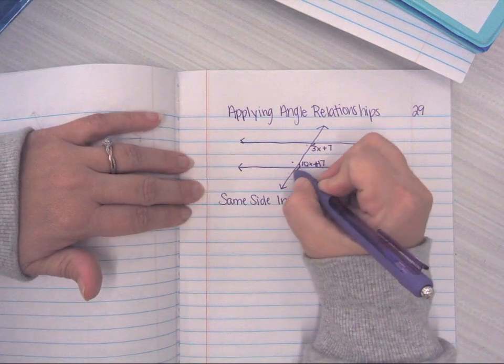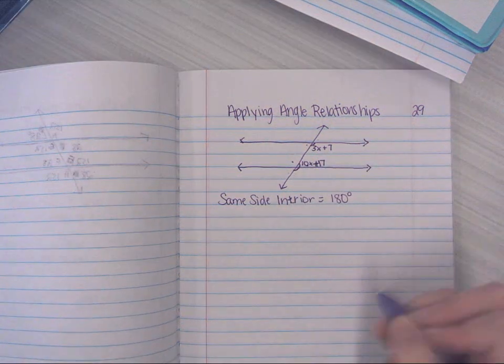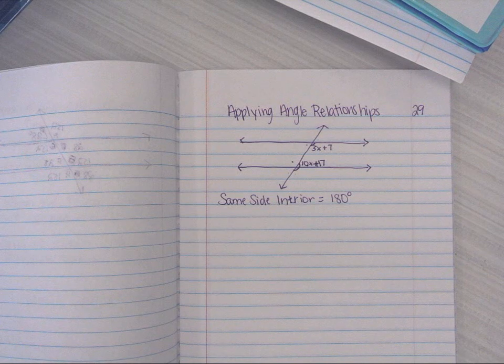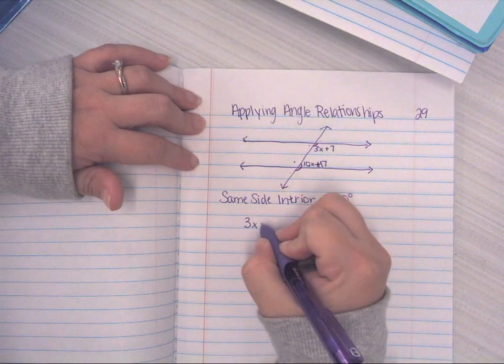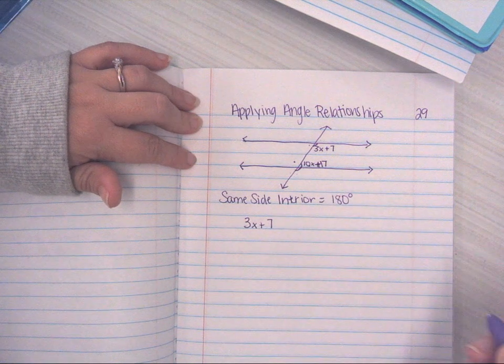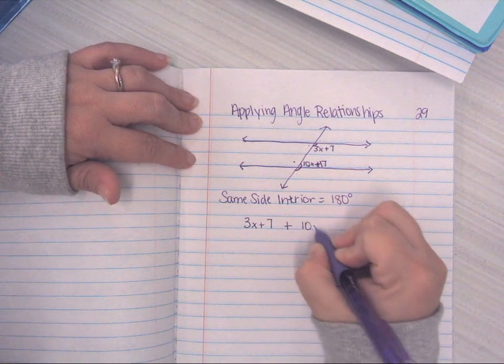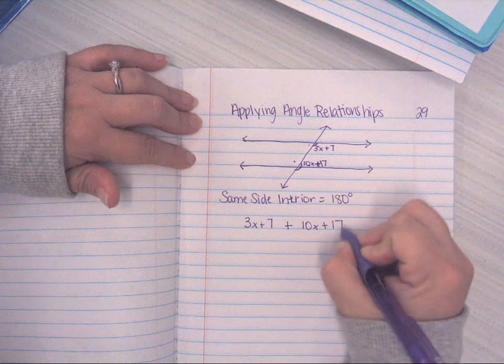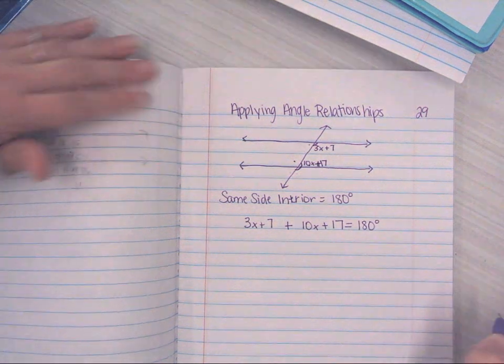If I was to put it to here with this one, I would make a straight angle, which is 180 degrees, right? So I know that 3x plus 7, this first angle, plus the second angle, 10x plus 17, are going to be equal to 180.